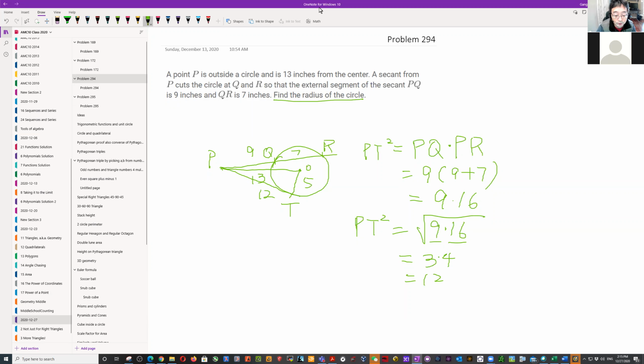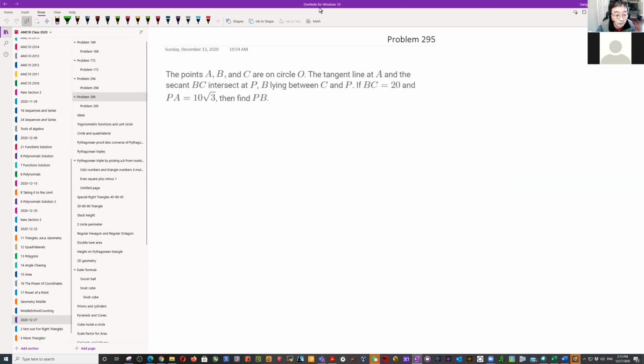So this just uses the power of the point. Let's try this problem.